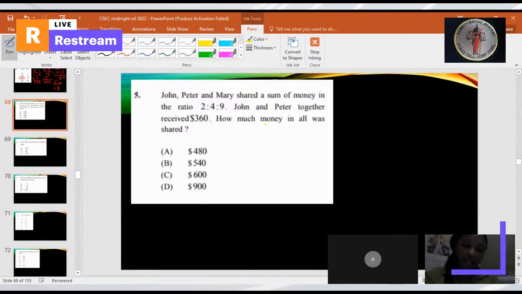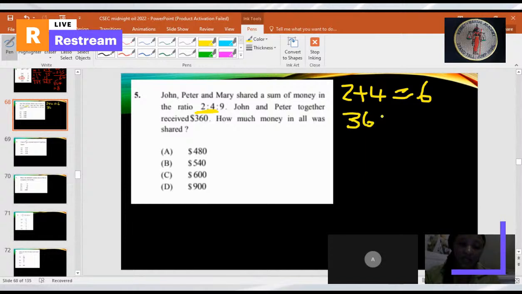We want to find the total. 360 represents John and Peter together, so the 2 and the 4. So what we need to do is to add the 2 and the 4, and we get 6. Since John and Peter together is 360, John and Peter's ratio together is 6.